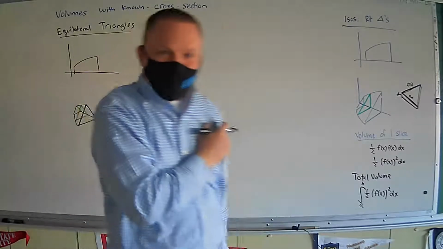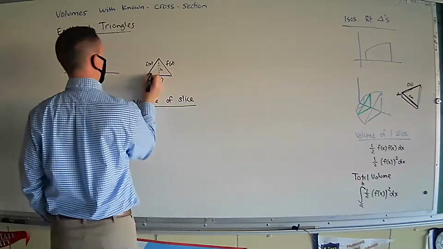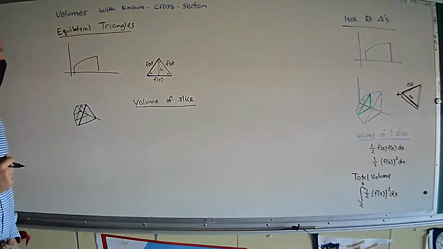Well, if you forget, I mean, some people might just have that memorized. I don't. What are all the angles in an equilateral triangle? 60. Oh, okay, so I can do that. 60, 60, 60. Right?